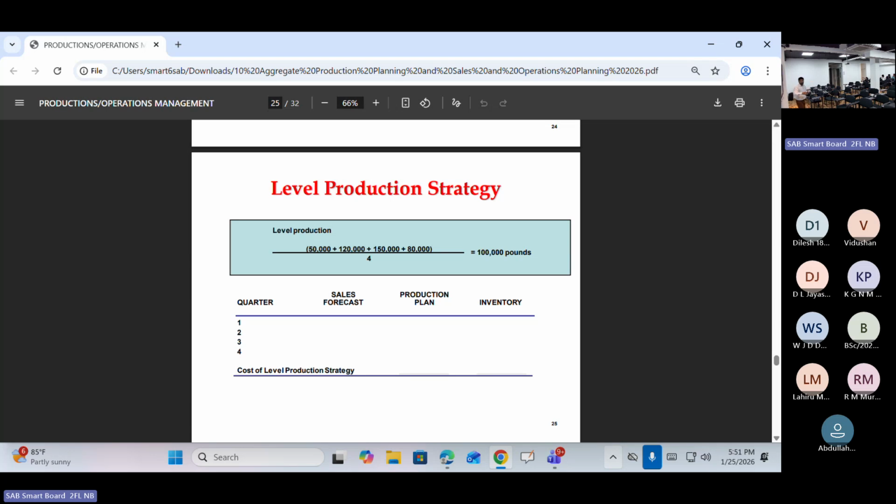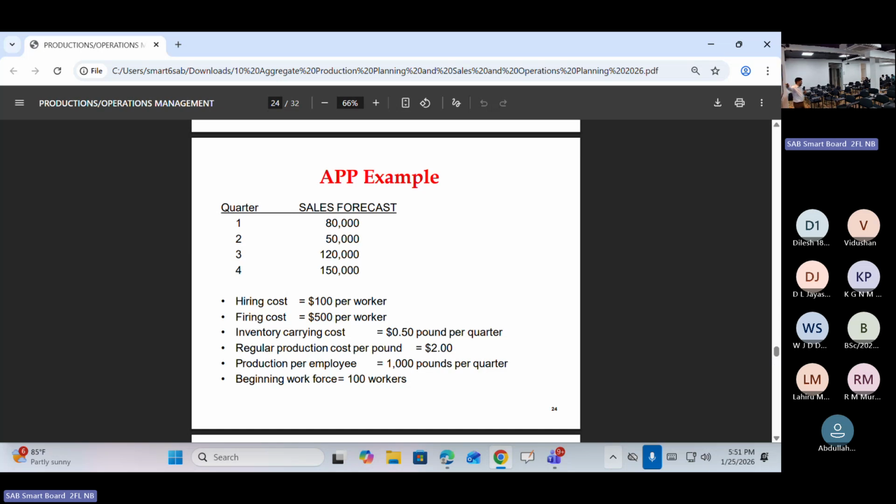That we simply calculate by adding the total demand and dividing by the number of periods we consider. There are 4 quarters that we consider. So we try to identify average per quarter demand and consider that as the constant production rate.